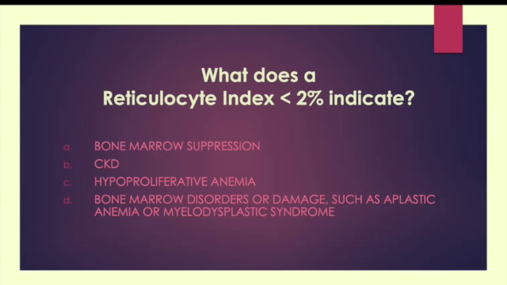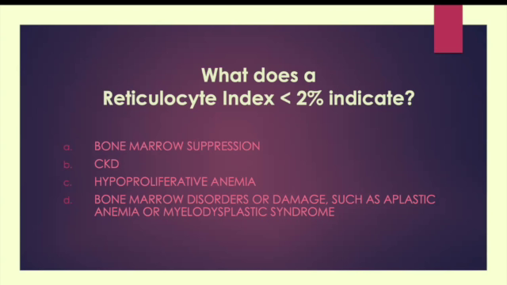So a reticulocyte index less than 2%. The index is just a measure of the production of reticulocytes, which are immature red blood cells, as we said in the last one. A value of less than 2% typically indicates decreased reticulocyte production relative to the degree of anemia. This suggests a reduced bone marrow response to anemia.